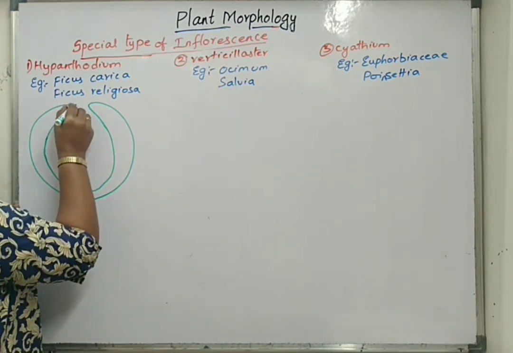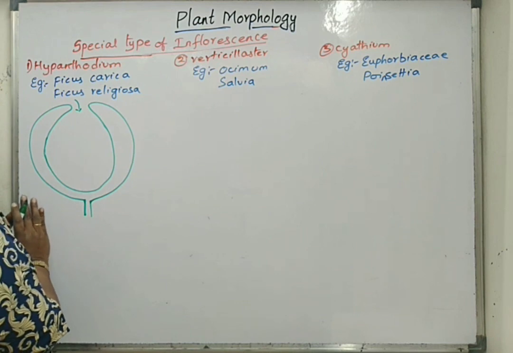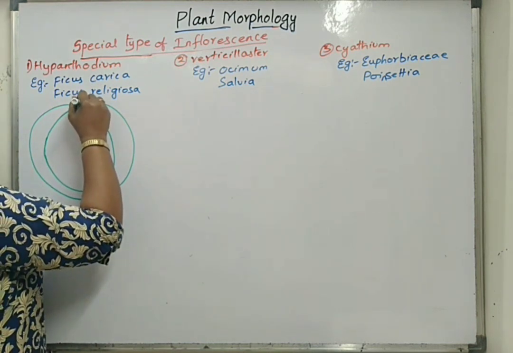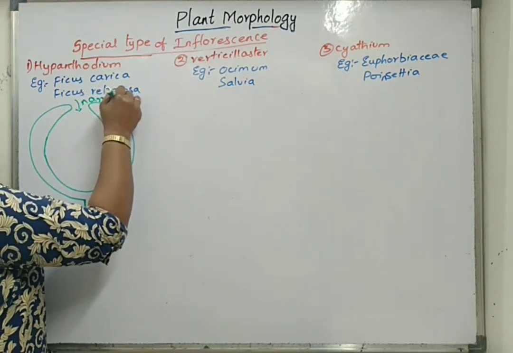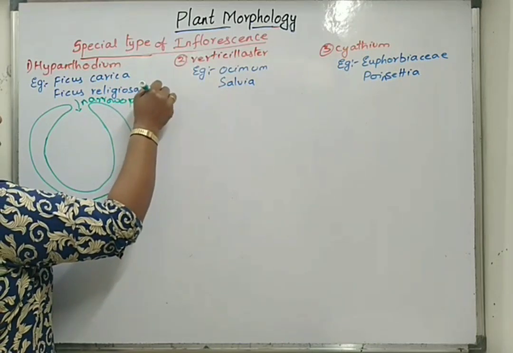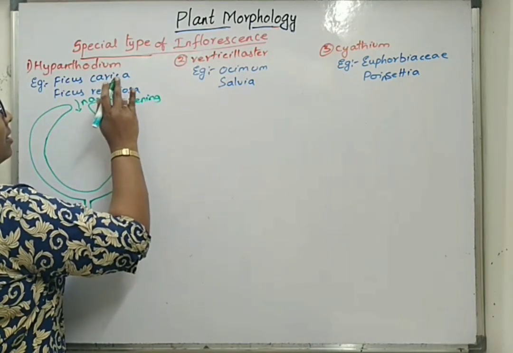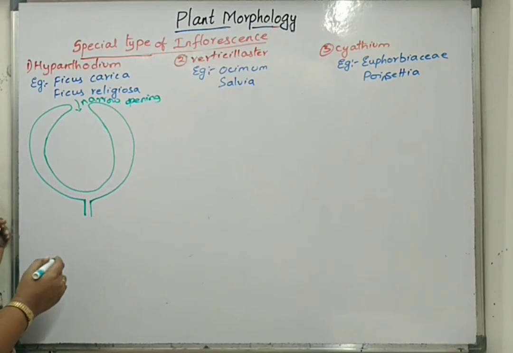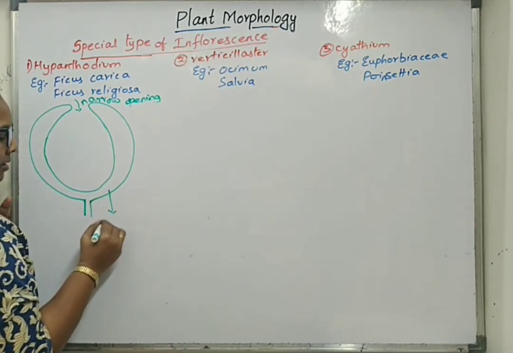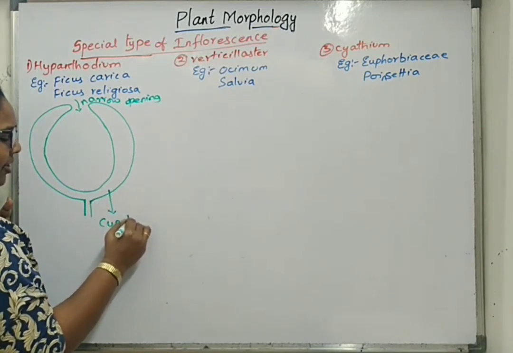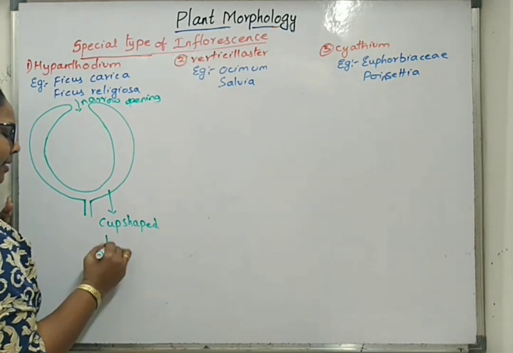The entry into the inflorescence where flowers are existing is very narrow. This is the narrow opening. Now this is the cup-shaped peduncle.